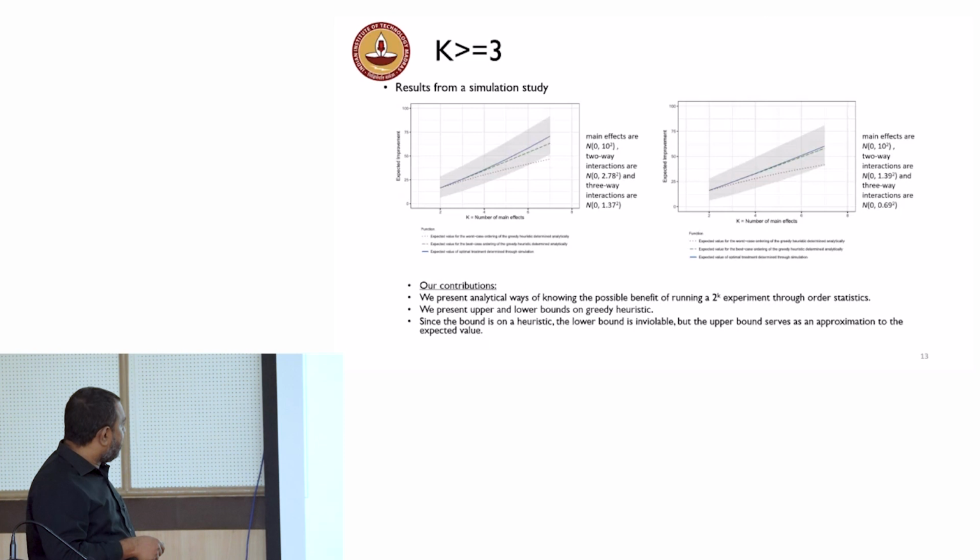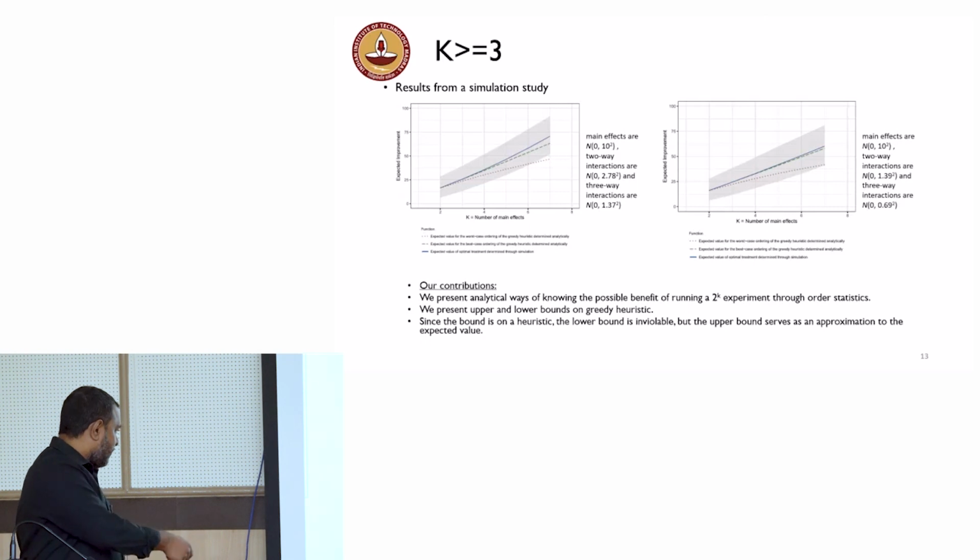What you can see here, for instance, is the expected value which is determined through simulation versus the lower bound. You can always see that the lower bound is going to work because it's a lower bound on the heuristic. The upper bound is unfortunately an upper bound on the heuristic, so when you compare it to simulation, it at best serves as an approximation of what reality is without having to clearly simulate.